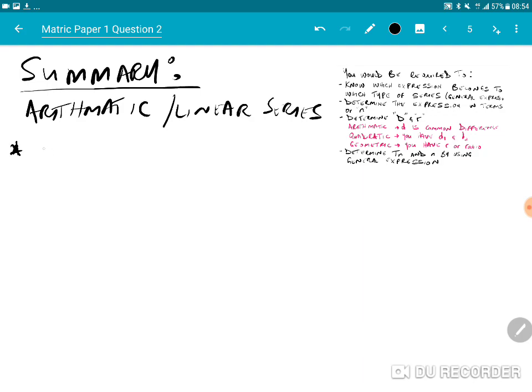First thing, the general expression: Tn equals A plus (N minus 1) D. We'll see now how we're going to use that.